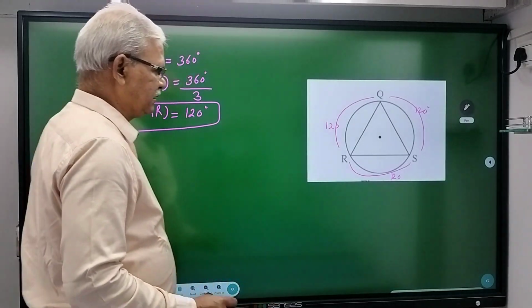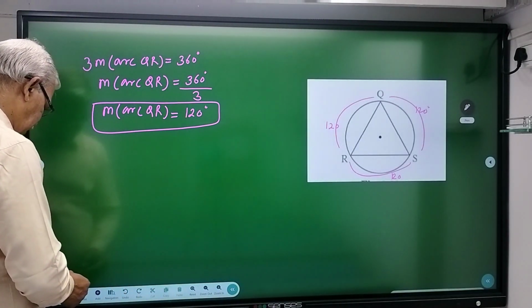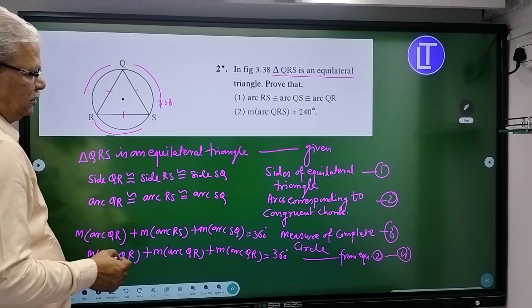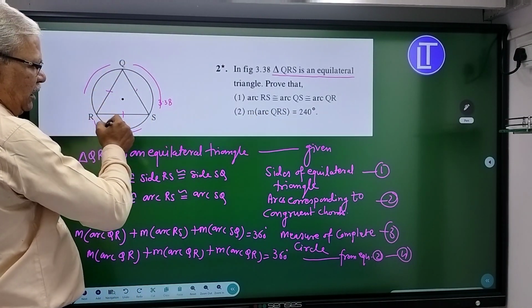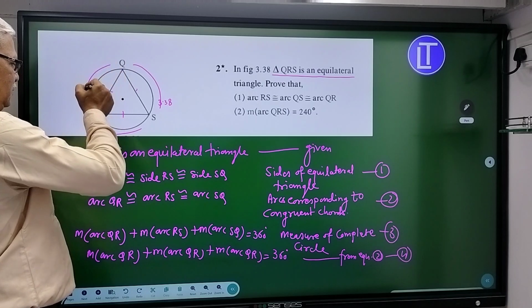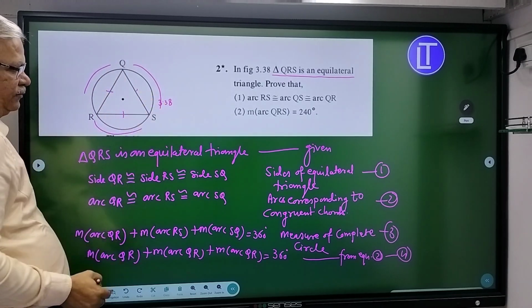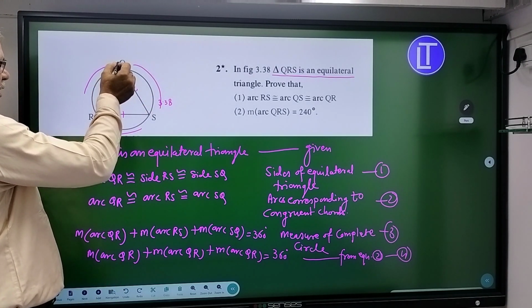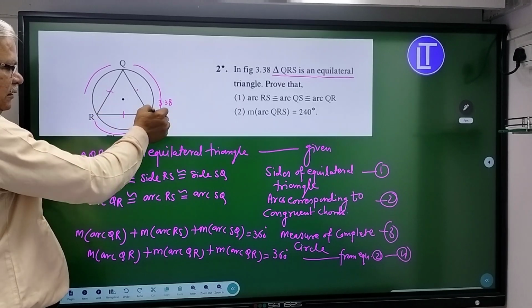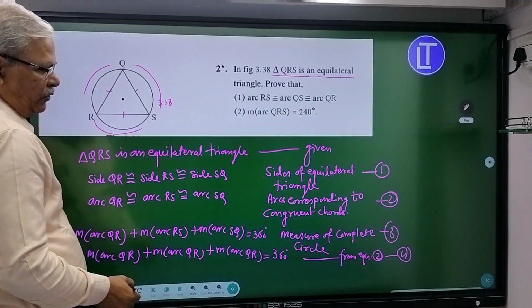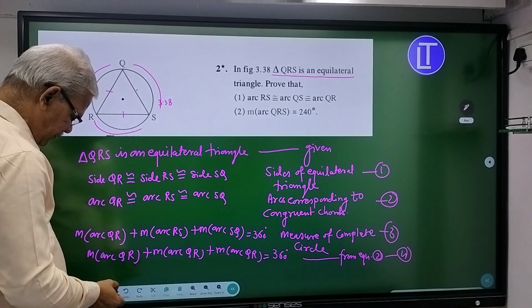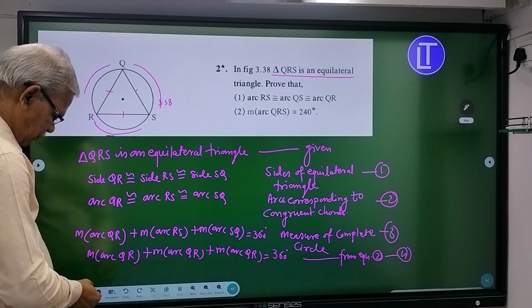Now he is asking in the next part, measure of arc QRS, meaning this plus this one. Meaning here arc QR plus RS, that is equal to 240. Okay, that we are going to solve now.